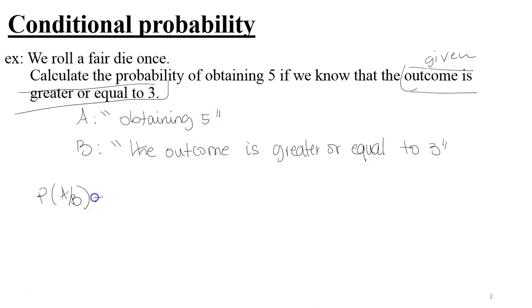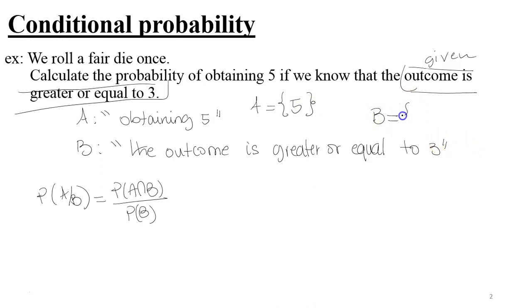So if we were to use the formula, the probability of A inter B divided by the probability of B, what's the probability of A inter B? A is in fact 5. It's the singleton 5. It only has one outcome, which is 5.